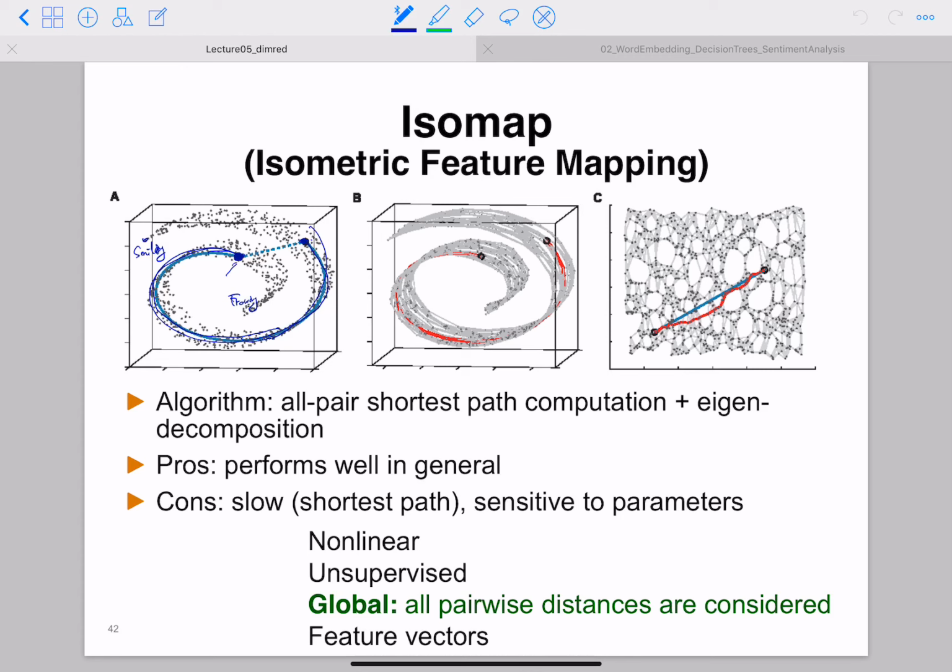For example, suppose you want to perform gender classification of a given facial image. You might as well just apply isomap to reduce the dimensionality of these pixel vectors into some low dimensional vectors.